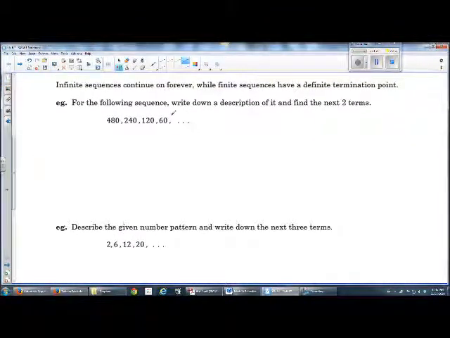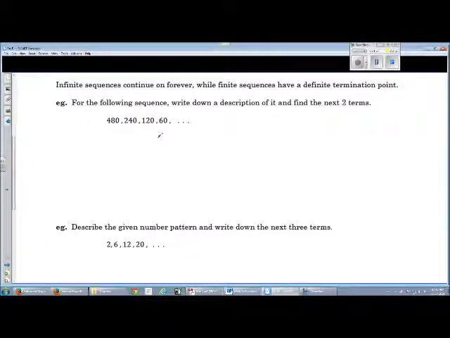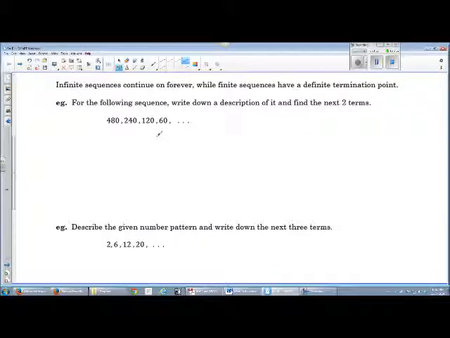So for this example, we want to write down a description, and we also want to find the next two terms. So take a look at the numbers here. We've got 480, 240, 120, and 60. We can look at these and develop what the pattern would be. And what we need to do then is describe this.